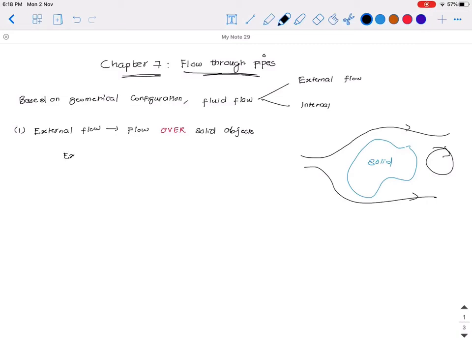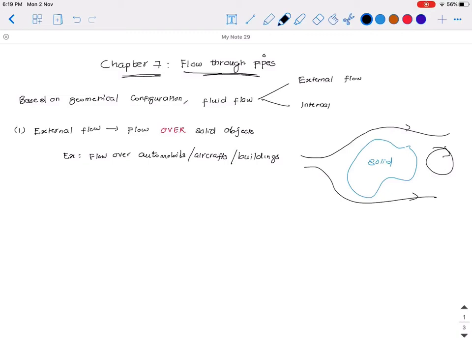So examples in this category can be flow over automobiles, or aircrafts, or tall buildings, which come in the category of external flows. In general there are no outer boundaries to obstruct the flow.